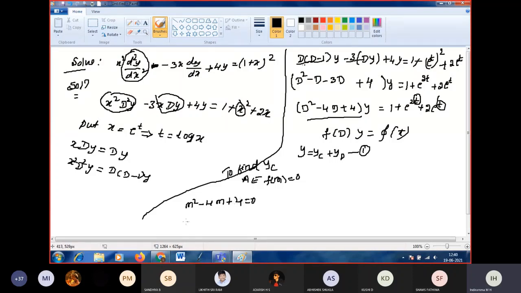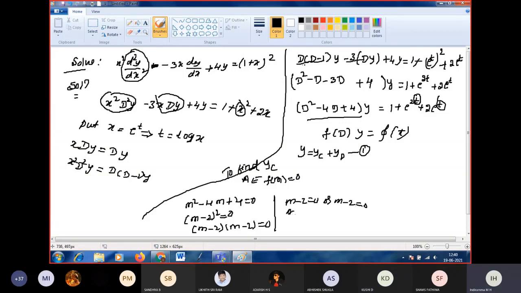It is like (m minus 2) whole square. That is, m minus 2 into m minus 2 is equal to 0. That means m minus 2 is equal to 0 or m minus 2 is equal to 0.